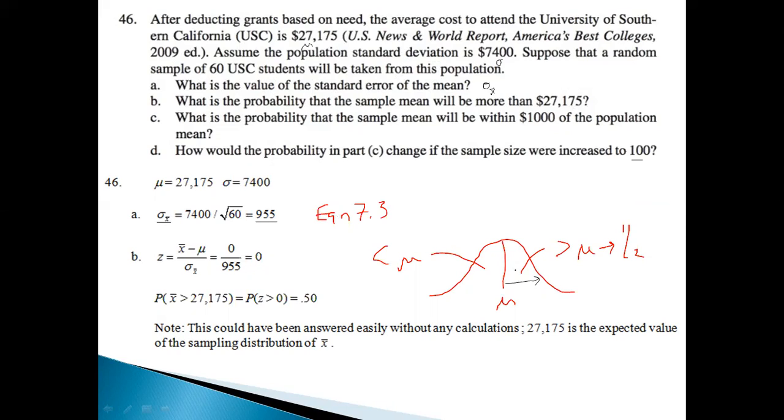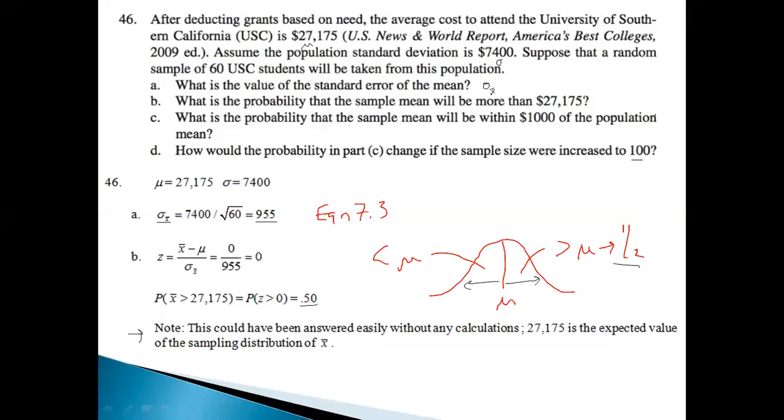Well, that's half, because remember, the whole thing is 1, half of it split on the upper half, and there's also half on the lower half, so both of those are half, and so we could automatically calculate that as a half, or we can go through our whole process and take 27,175 minus 27,175, which gives us 0, divided by the 955 we found here, and that gives us 0. And so if we look that up in our book, that gives us 1/2, which is what we already knew from here. Okay, and then they also are nice to kind of explain that as well in the answer key.